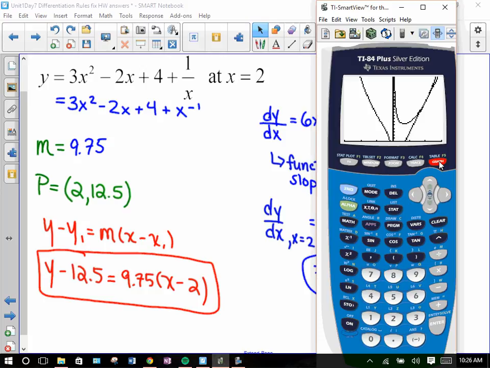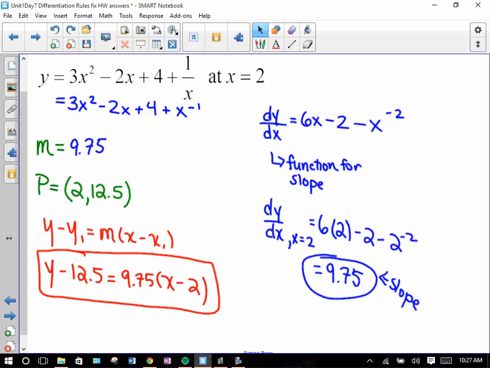So, do we agree that that line looks pretty tangent at x equals 2? When you plug that into the graph, because on the calculator you can't type it in as a point-slope equation, it's y equals all of that, so that's minus 12.5 plus 12.5.